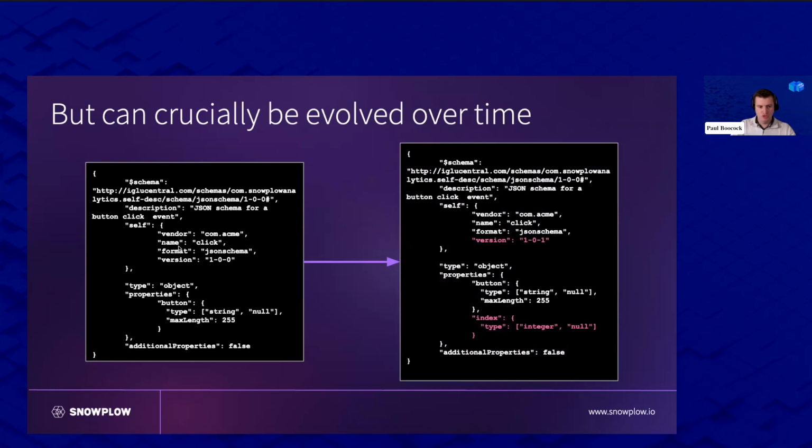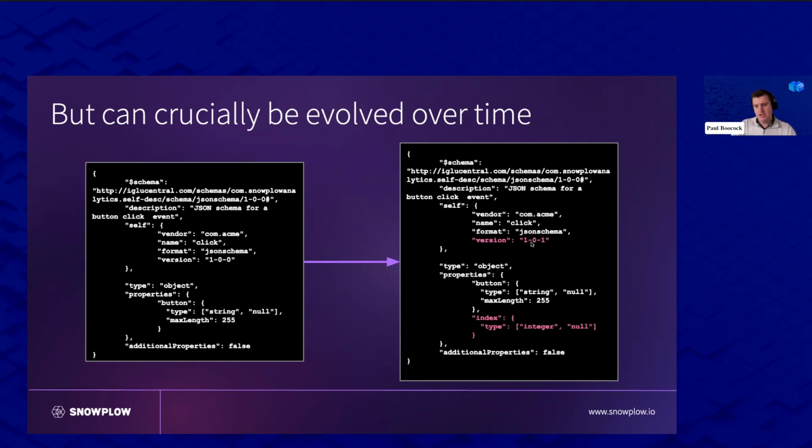So when you track your event, you say I'm tracking a click event, but you also say what version of the click event you're tracking against. This informs the pipeline that this event should have a button property with either a string or a null in this case. There's no requirement to specify this, and some index, which is an integer, again, optionally.